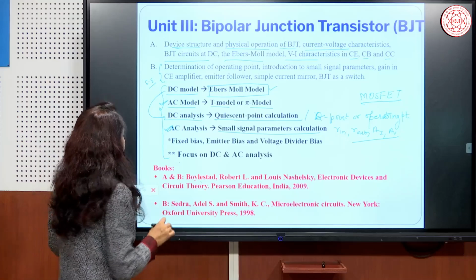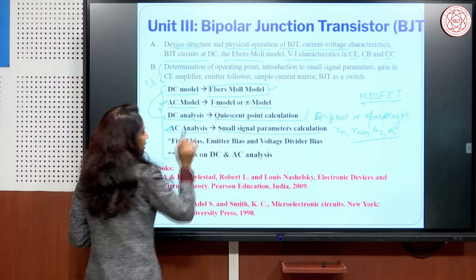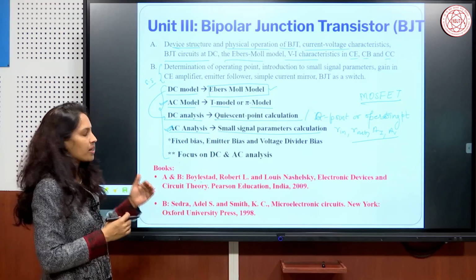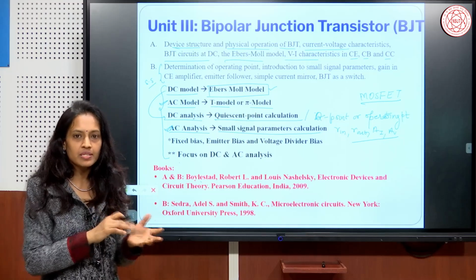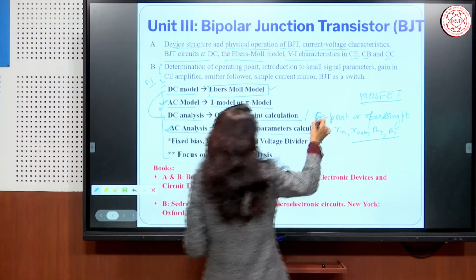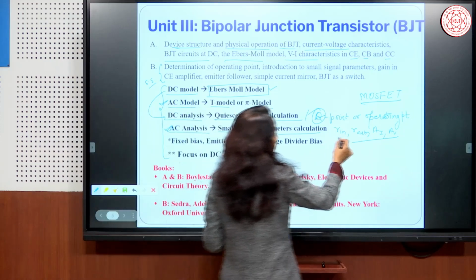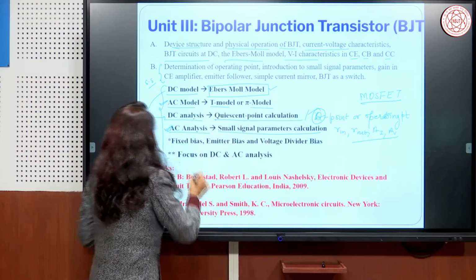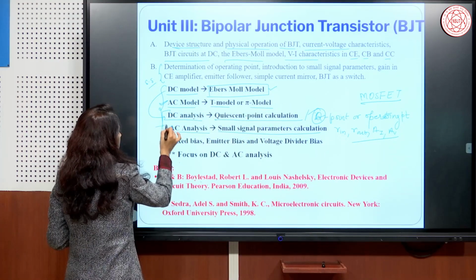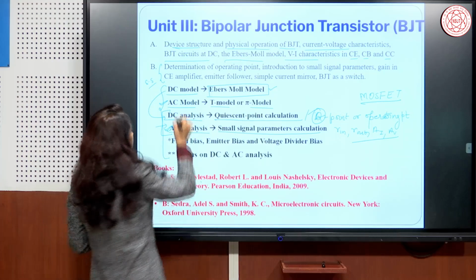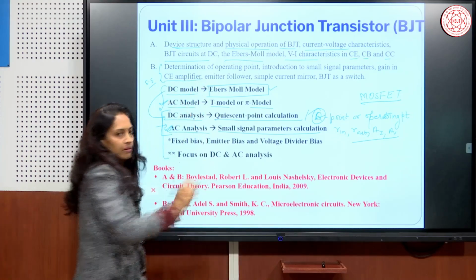Whenever you use your device as an amplifier, there will be two parts of that amplifier: DC analysis for calculation of your Q point, and then AC analysis for calculation of your R in, R out, AI and AV. So this portion you have to cover basically for your common emitter amplifier.